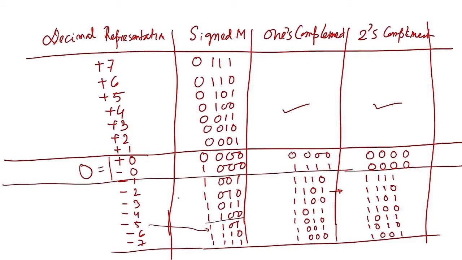Now, what interesting thing we found is that for 0 in 2's complement, whether it is positive 0 or negative 0, it is represented with 0 only. So, that is the advantage of the 2's complement representation. For each number there will be a unique representation, whereas in sign magnitude and 1's complement we see that for 0 there are two different patterns.